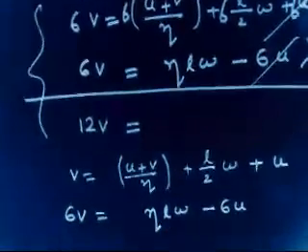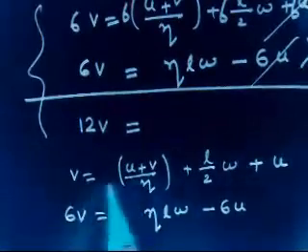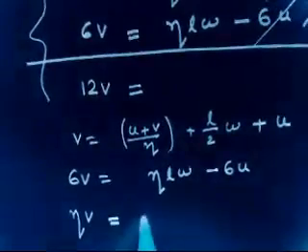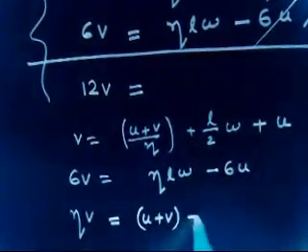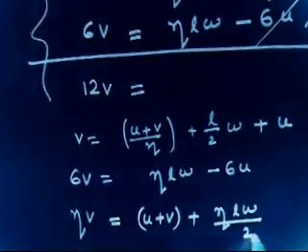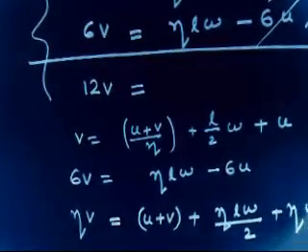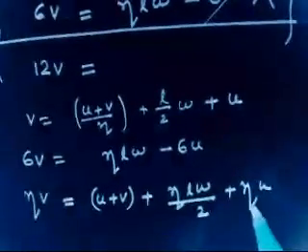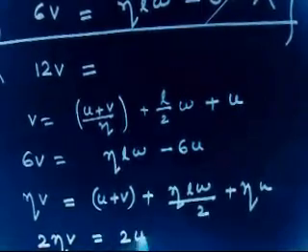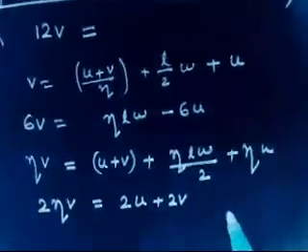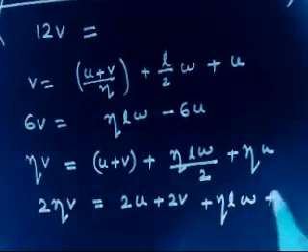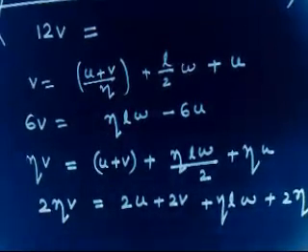If I multiply the upper equation by eta, you will have eta v equals u plus v plus eta L omega by 2 plus eta u. Now if I multiply by 2, you will have 2 eta v equals 2u plus 2v plus eta L omega plus 2 eta u. Are you getting?